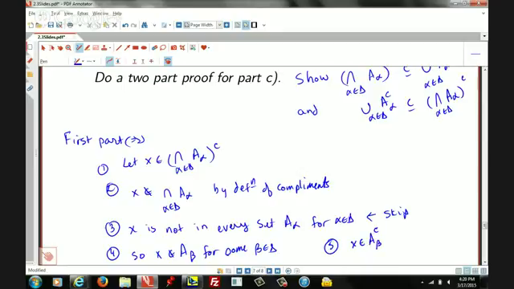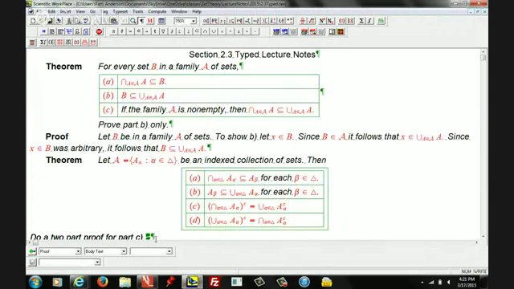But if it's in an A beta complement, then step 6 says it has to be in the union of the A complements. Particular set, it's in the union of all of them. And that's going the first direction on it. Going back the other direction is just the same. So, where it is. Let's go type it.